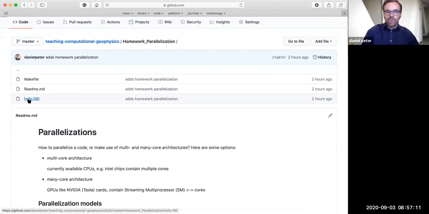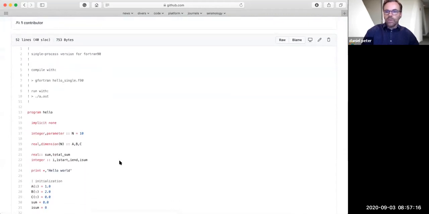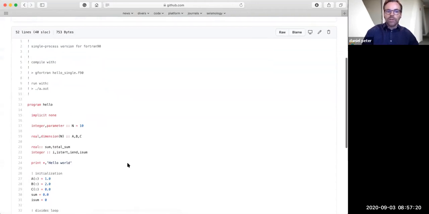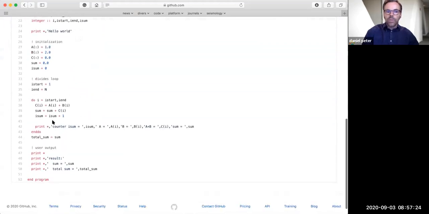It's a little Fortran template. It doesn't mean you have to do it in Fortran. Do it in any language you like. But the task is basically, you have a little loop. You have two vectors. You want to add them up, and then output the sum of these two vectors.